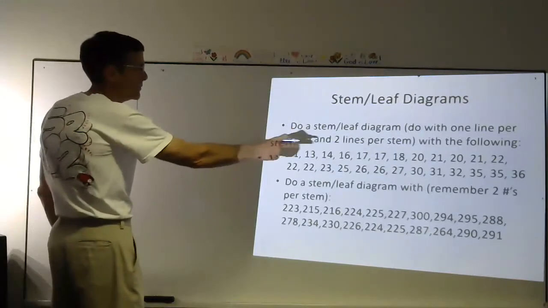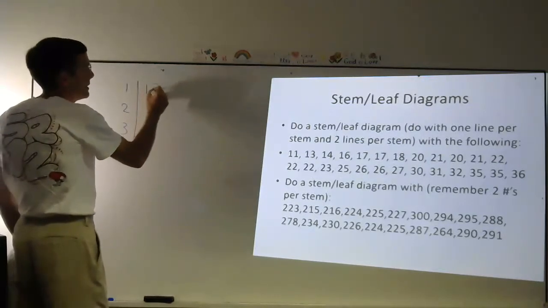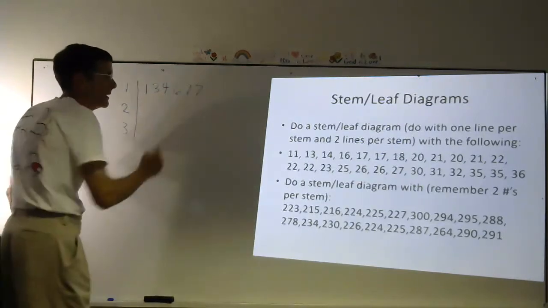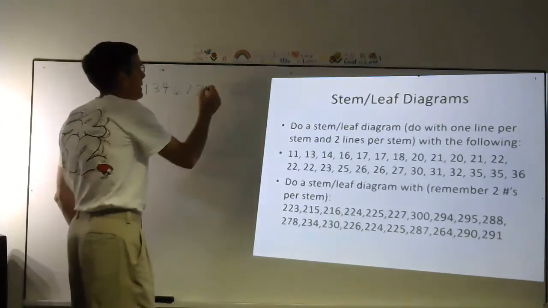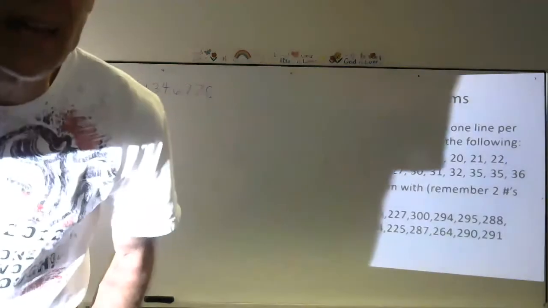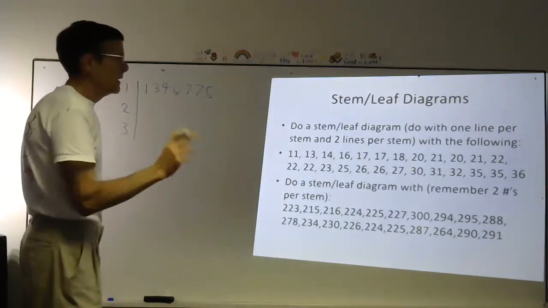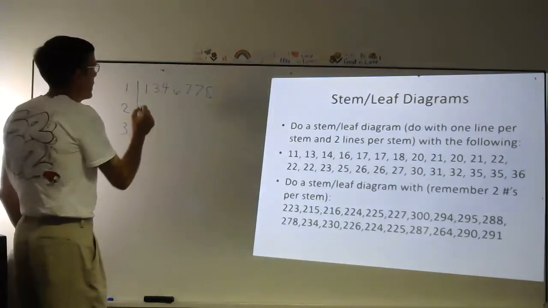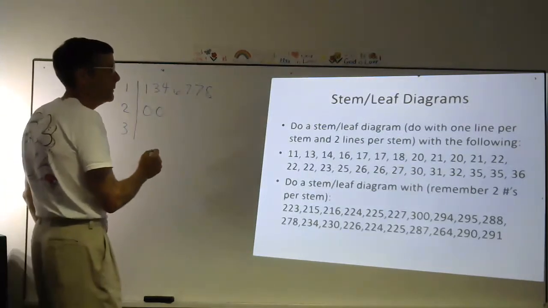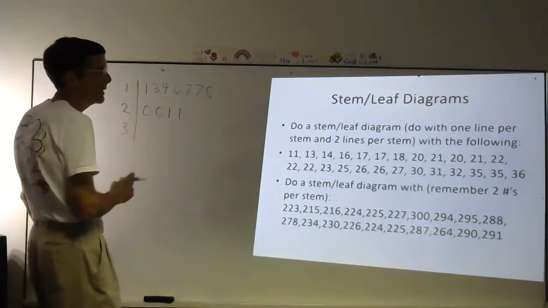In numbers starting with 1, I've got 11, 13, 14, 16, 17, 17, and 18. Everybody able to see that? It's starting to look a little faint. I may have to get another marker. Numbers starting with 2, I have 2 20s, 2 21s. See what I'm doing? 21, 21, got it.